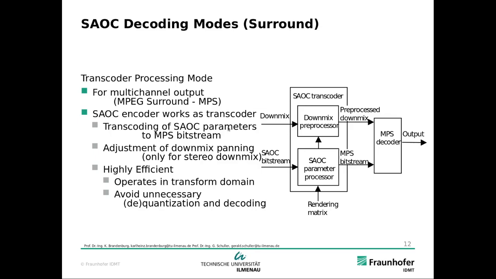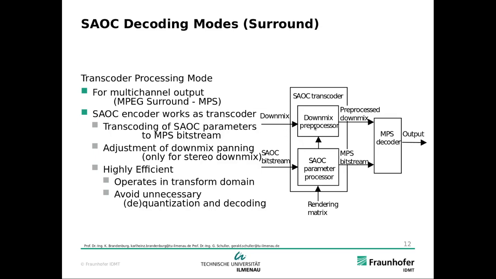So this is for surround. Here you don't have headphones, but for instance you are at home in your living room and you want to have a multi-channel output, MPEG surround for instance. Here also the SAOC encoder works as a transcoder.